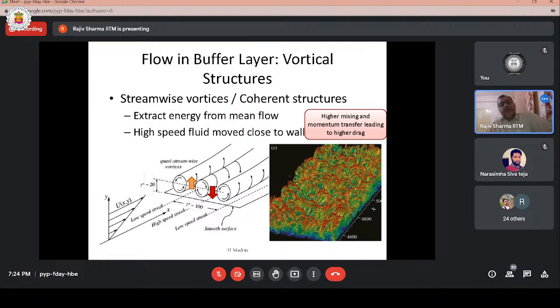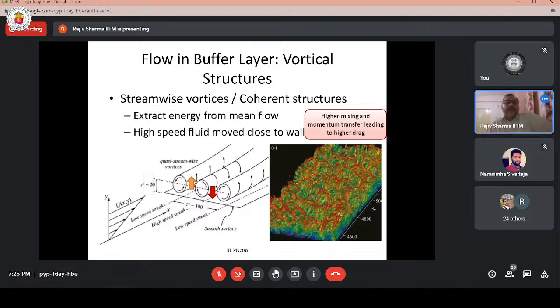Also understand that this concept of vorticity is important when we deal with what is called flow over the wing, flow over the wingspan, flow over the aerofoil wings. There it plays a very important role.